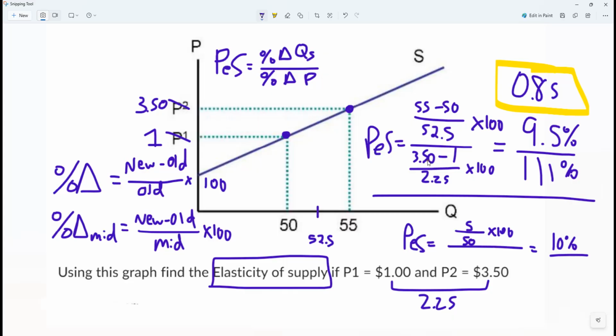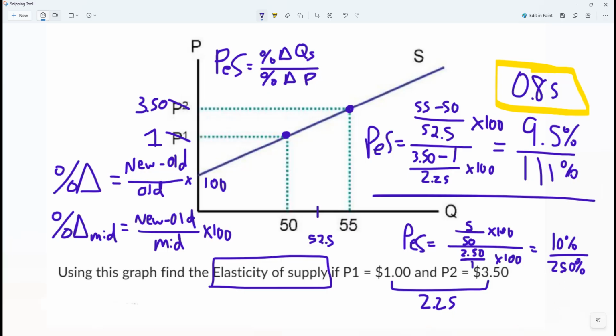And then here, it would be the difference of 250 again. But it matters where I came from, so it'd be over 1, times 100. This is smoother because I can do this in my head. So it'd be 250%. Really big change there.